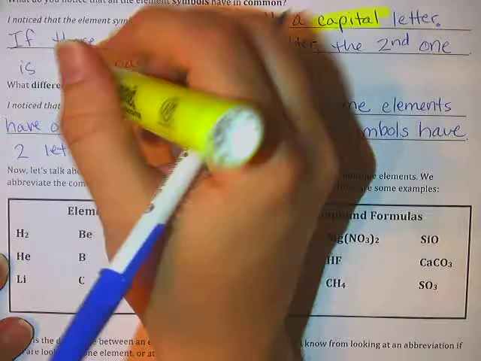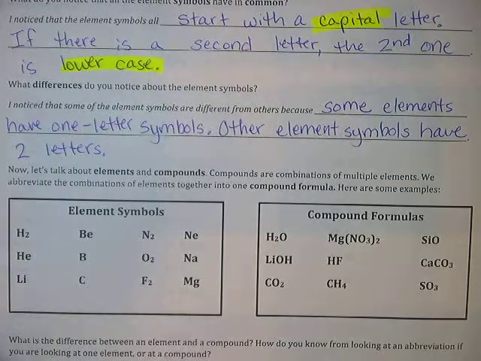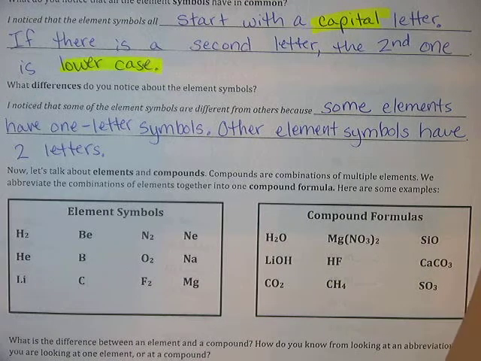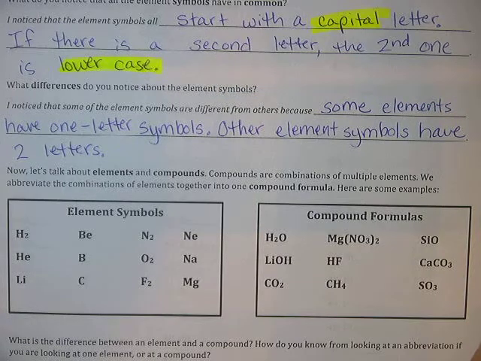If there's a second letter, the second letter is lowercase. Again, that is important. If you are writing a two-letter symbol, it starts with a capital, the second one has to be lowercase. If it's not, then you're writing the symbol wrong.